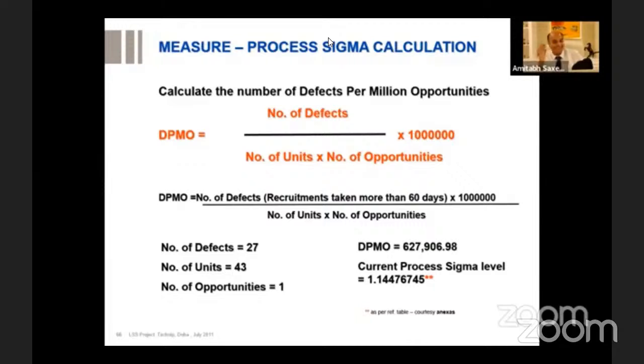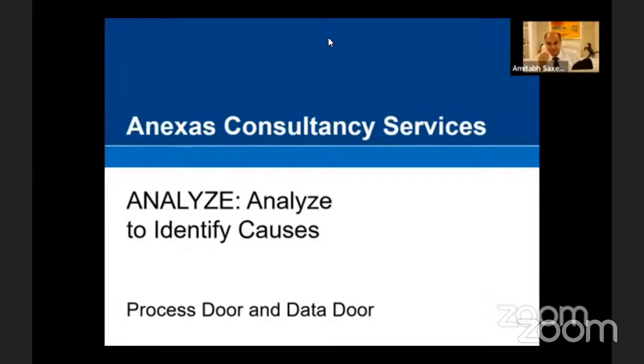The quality is perfect. Like 0.000003 means 3 in 1 million. It's almost zero defects, right? So that is what a 6 sigma process is. But let us proceed now.